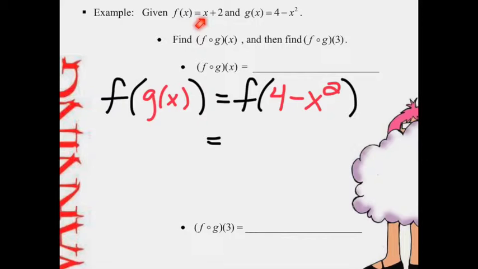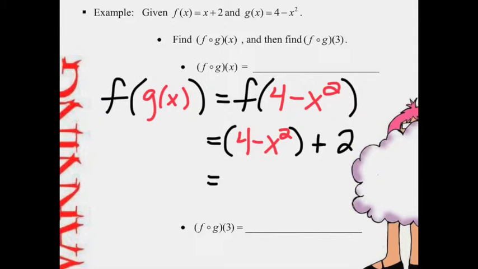So wherever I see an x, this is something plus 2. I like to say the f of x equals something plus 2. This is my something. So it's going to be something plus 2. And I input that something as 4 minus x squared. I'm trying to keep the colors consistent here.